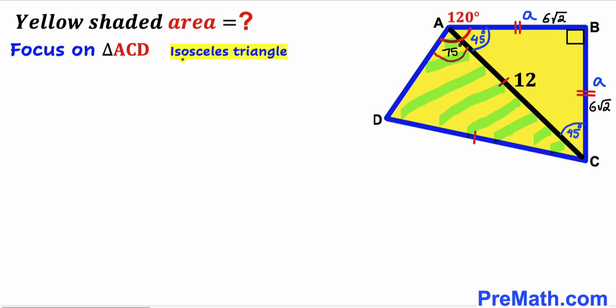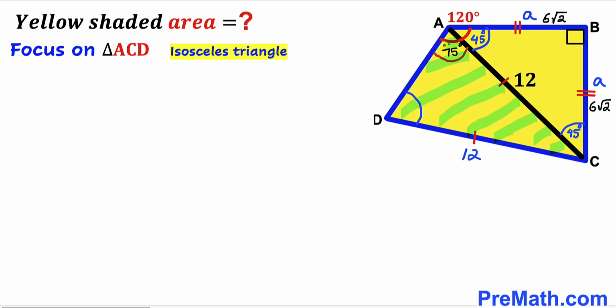We can see this triangle is an isosceles triangle as well, since this side length is equal to this side length. So therefore if this side length is 12, then this side CD is going to be 12 units as well. Furthermore, since this is an isosceles triangle, this angle has got to be congruent to this angle.